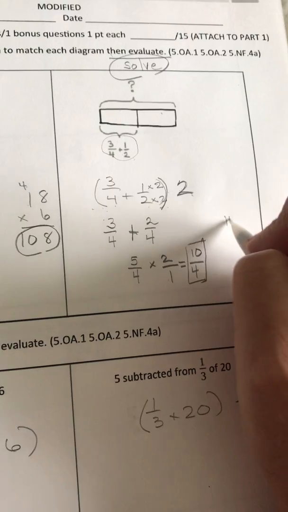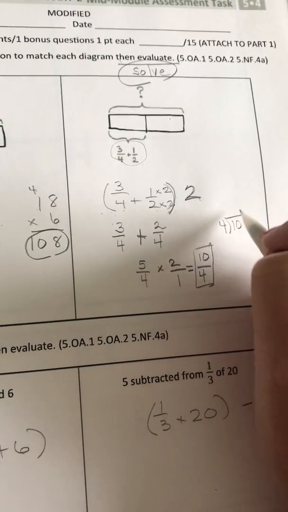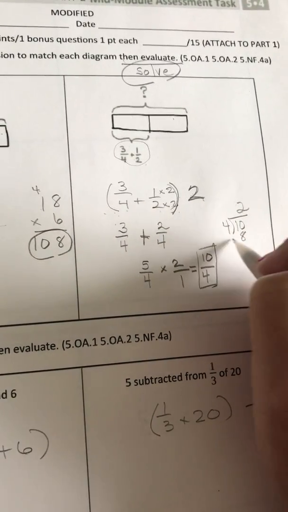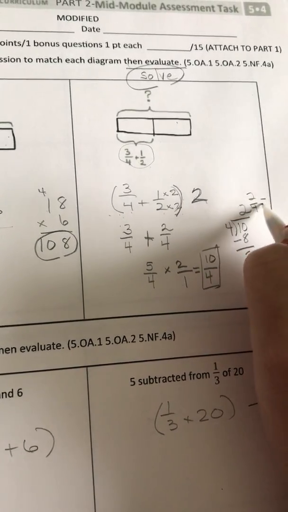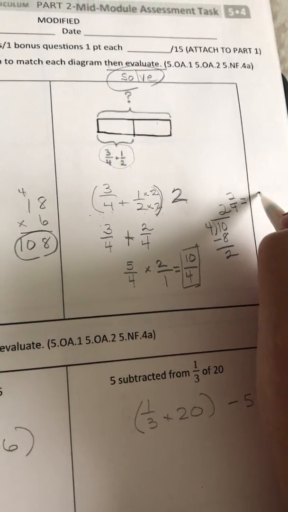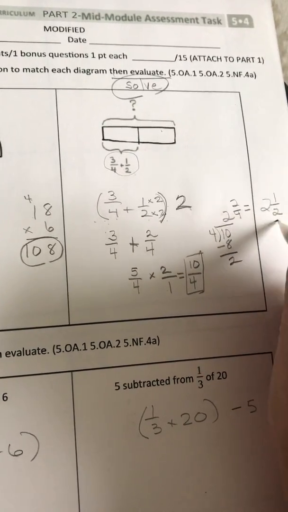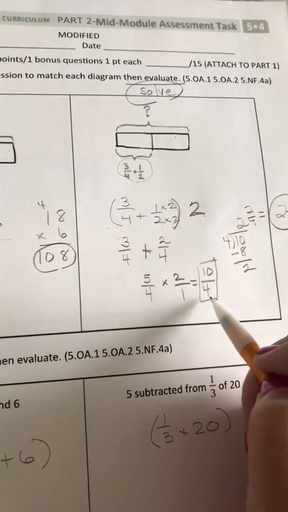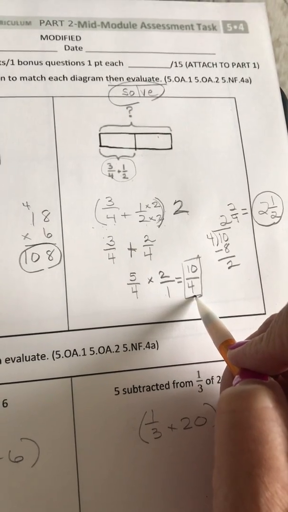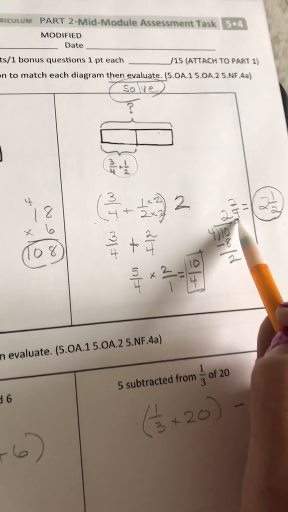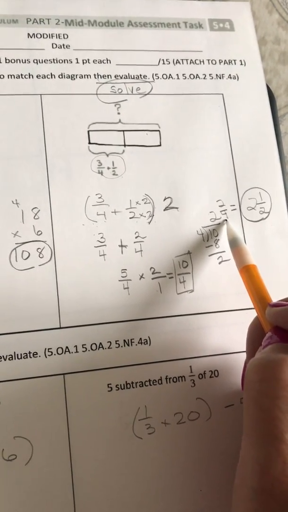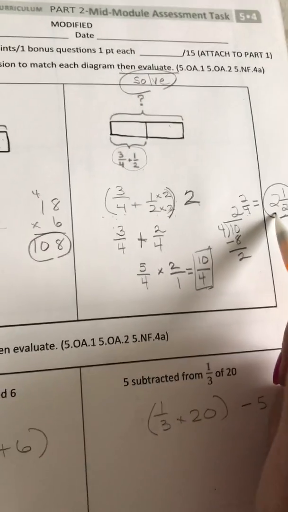So go ahead and divide. 2 2/4. And I can reduce that to 2 1/2. So if you gave me this for your answer, yes, I will accept that. That's good. If you decided to go a step further and divide it and got 2 2/4, excellent. If you reduced it, even better.